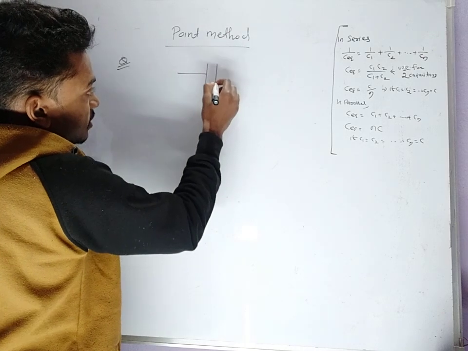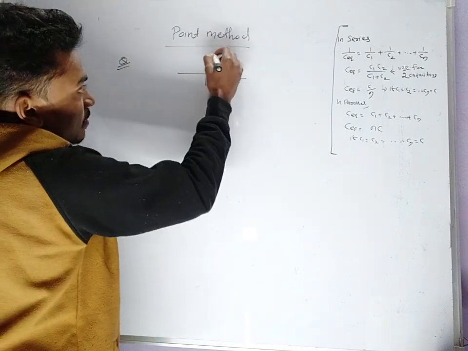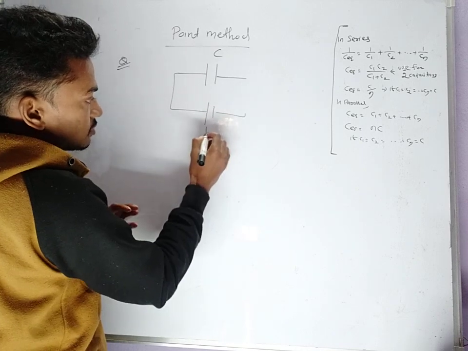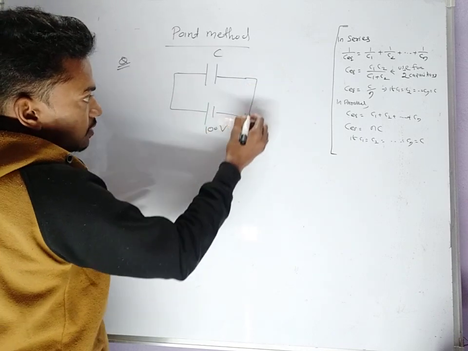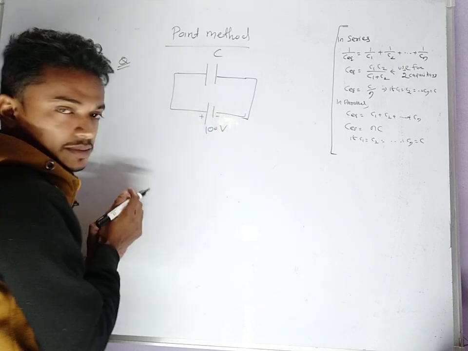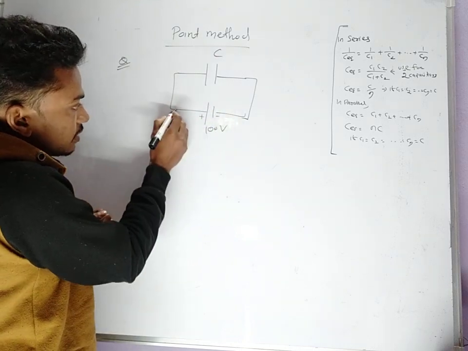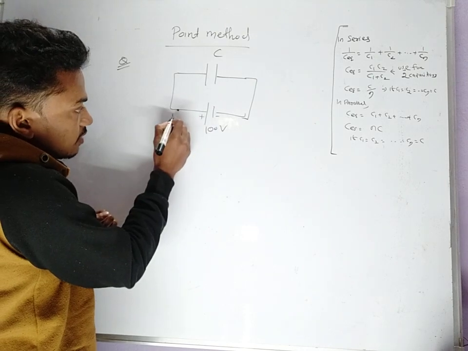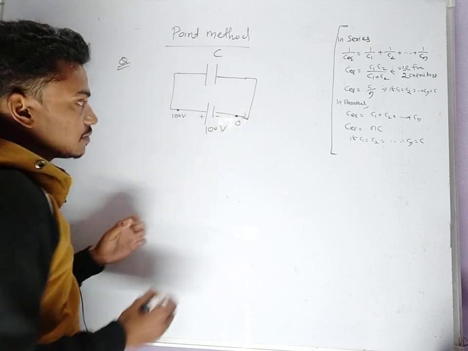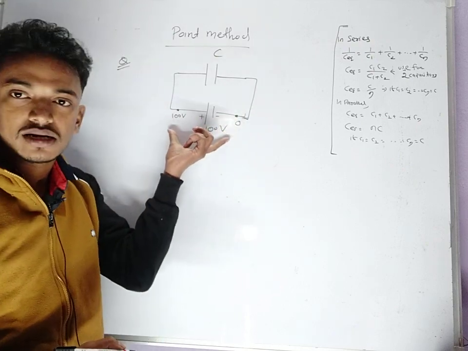Suppose this is a capacitor having capacitance C connected to an external battery of 100 volt. This is the positive terminal of the battery and this is the negative terminal, and this point has potential 100 volt and this point has potential 0 volt, so the potential difference will be 100 volt.